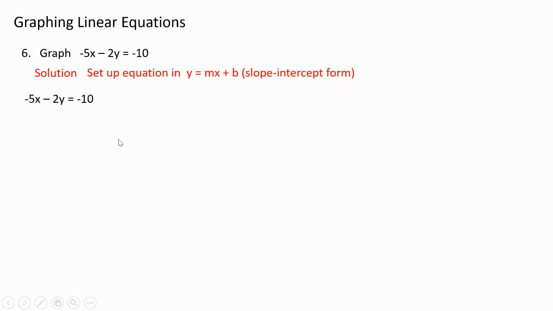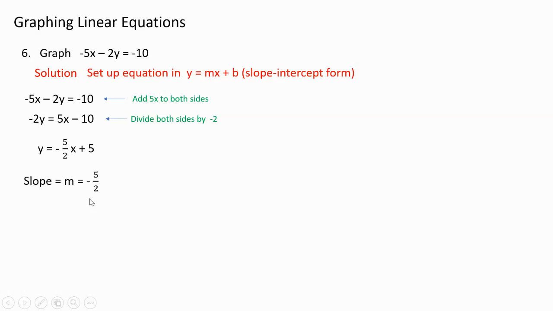So the first step here, we're going to add 5x to both sides. Now we're going to divide every term by -2. So if we do that, we're going to get y equals 5/2 x plus 5. So now we have our slope, which is 5/2, which means it's going to go 5 up and 2 to the right from the b, which is the y-intercept.